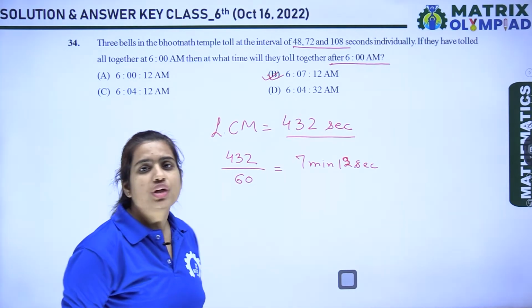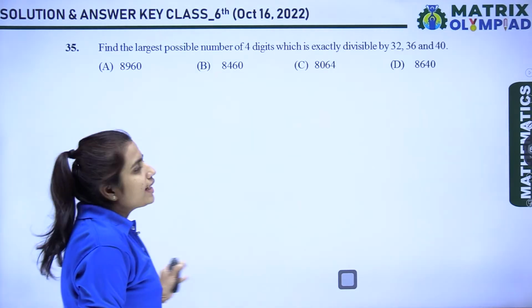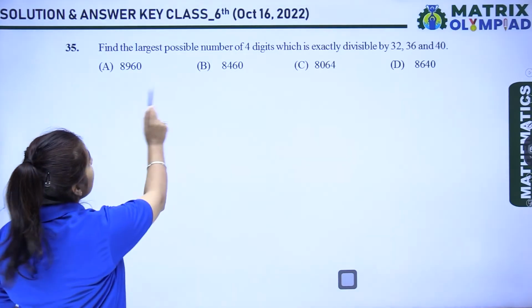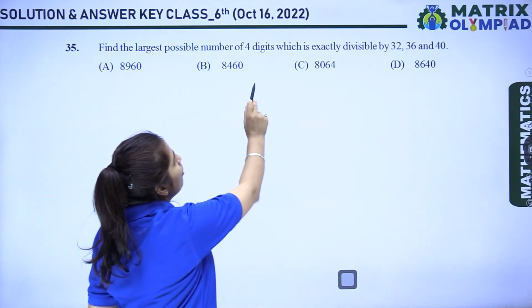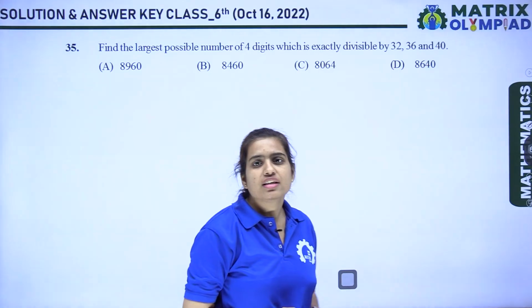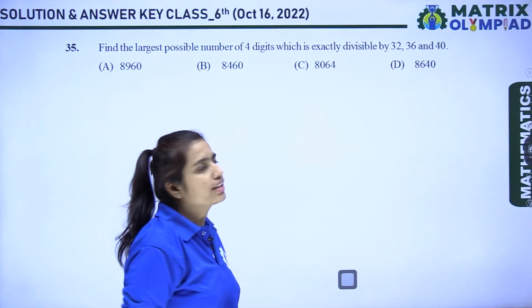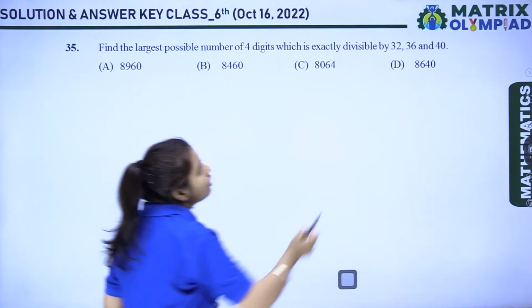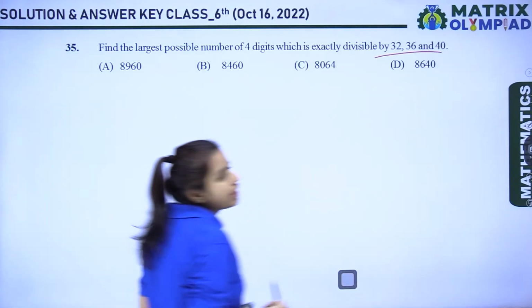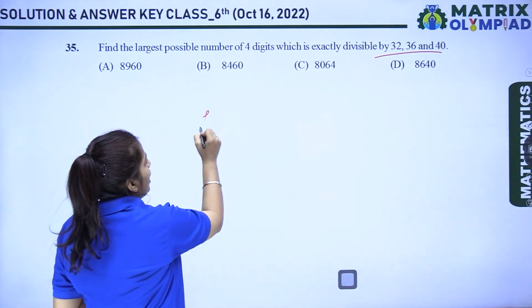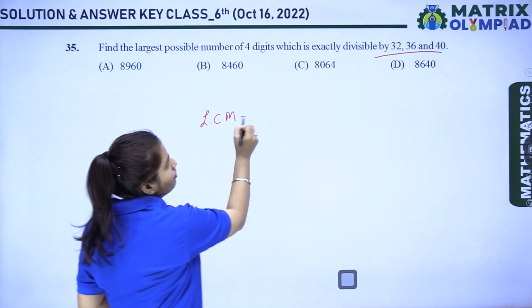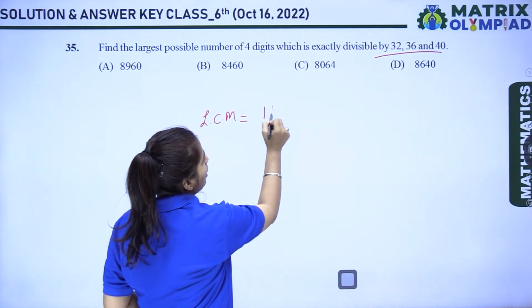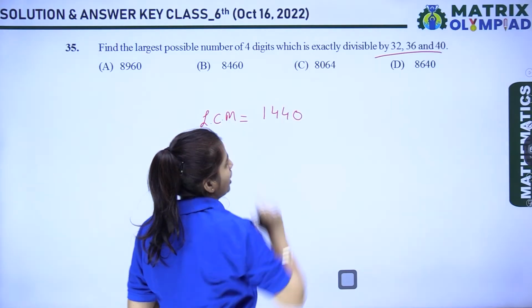Now let's move on to the next question. Find the largest possible 4-digit number which is exactly divisible by 32, 36 and 40. First of all we have to find the LCM of these three numbers. The LCM of these three numbers is 1440.